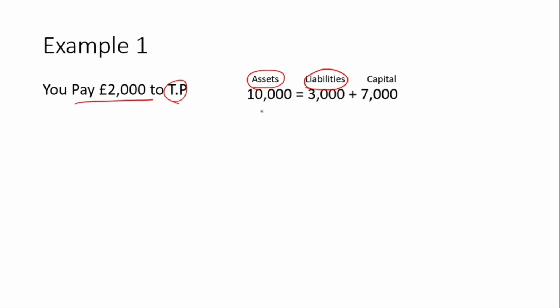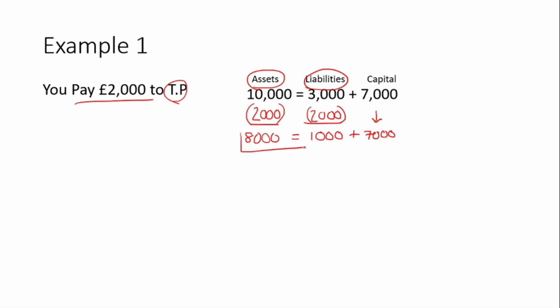So basically we're going to have to reduce the assets by £2,000. So we're going to write that down here, and we'll have to do the same for the liabilities as well. Like that. So now all we need to do is add up both sides. So this becomes £8,000 here, which will equal £1,000 plus the £7,000 of capital.